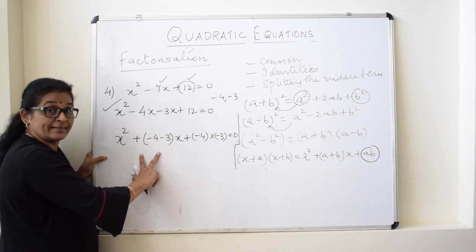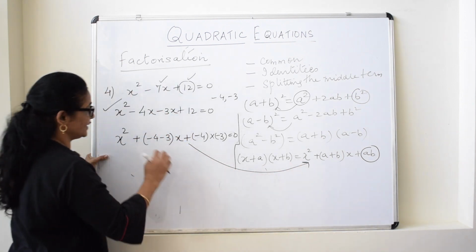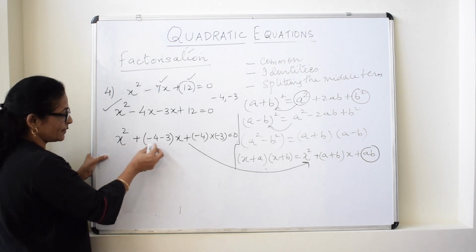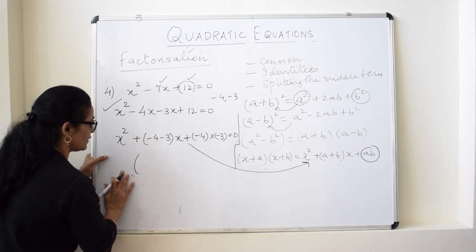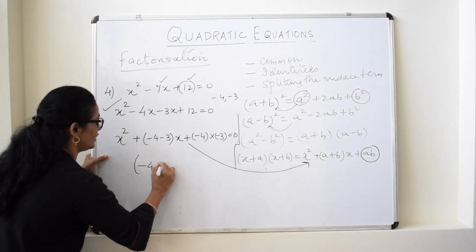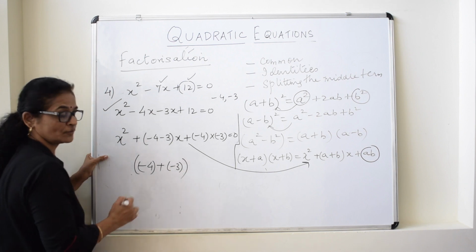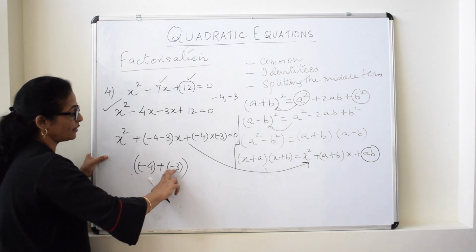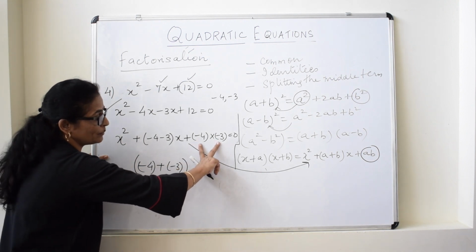Now after writing this, you compare it with this expansion. It's x square plus (a plus b) x. Why a plus b? Because minus 4 minus 3 is actually minus 4 plus minus 3. So a is minus 4 and b is minus 3, plus a into b.